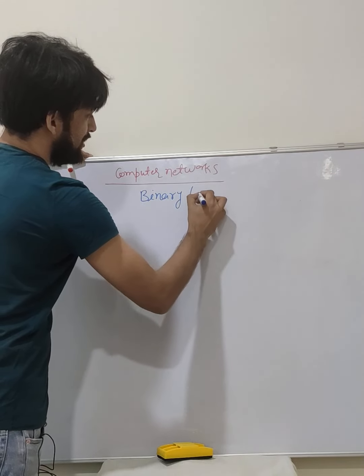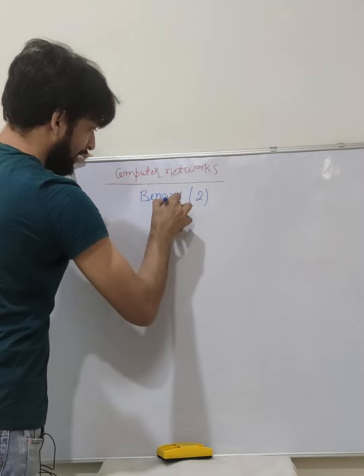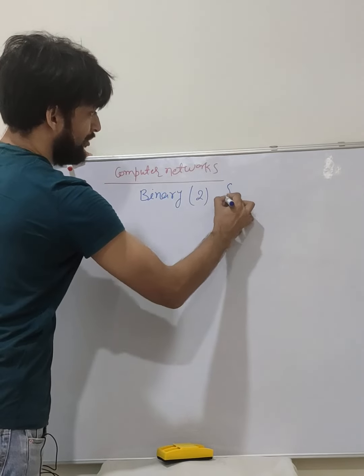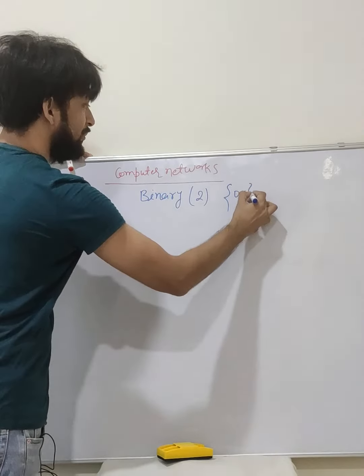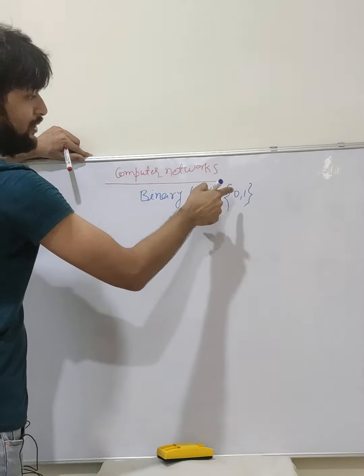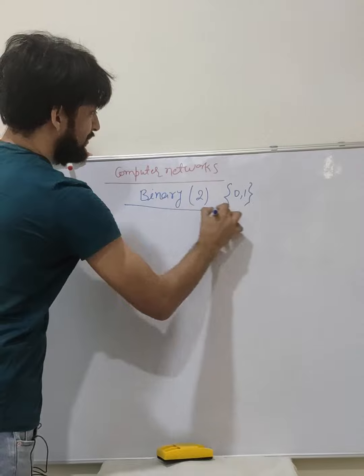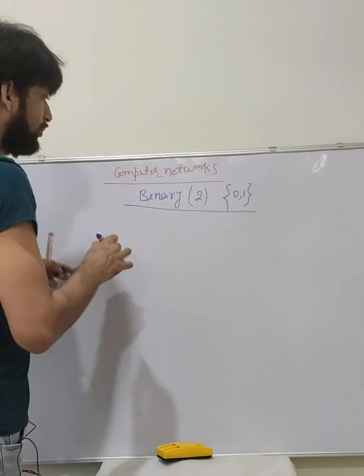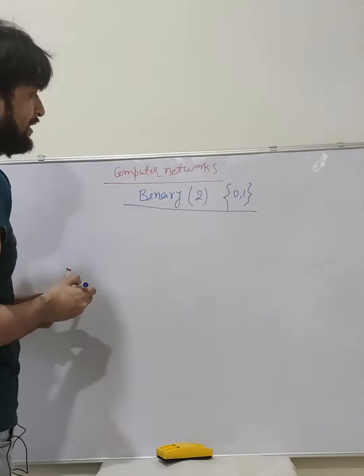The base of the binary system is 2, and the digits used are only 0 and 1, which means when we are working with the binary number system, we use only 0 and 1. So how to represent any number in binary?